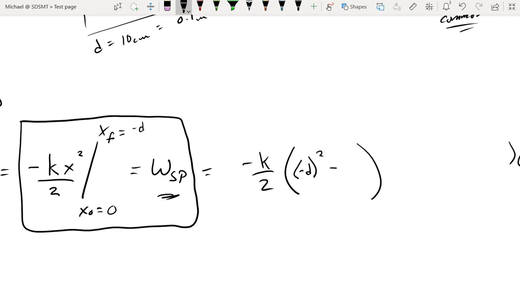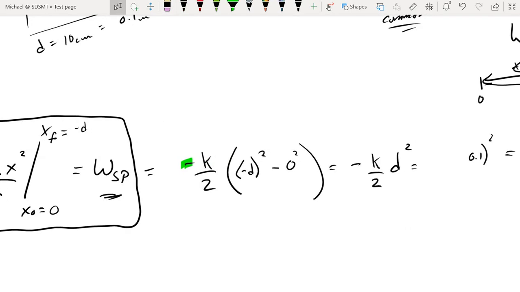And then we have to subtract 0, so 0 squared. But negative d squared produces a positive d squared. There's this other negative waiting out front, and so we're once again getting negative k over 2 d squared.